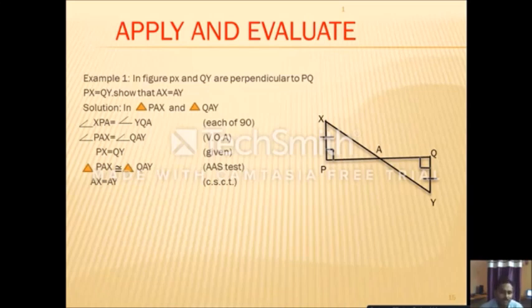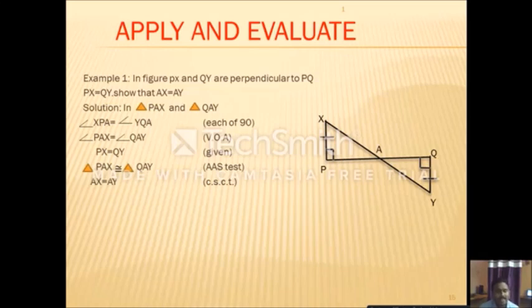We will see the first problem. The example: in the figure, PX and QY are perpendicular to the segment PQ. PX and QY are equal, show that AX equals AY. Now in triangle PAX and triangle QAY, angle XPA and angle YQA are congruent because each angle is 90 degrees.